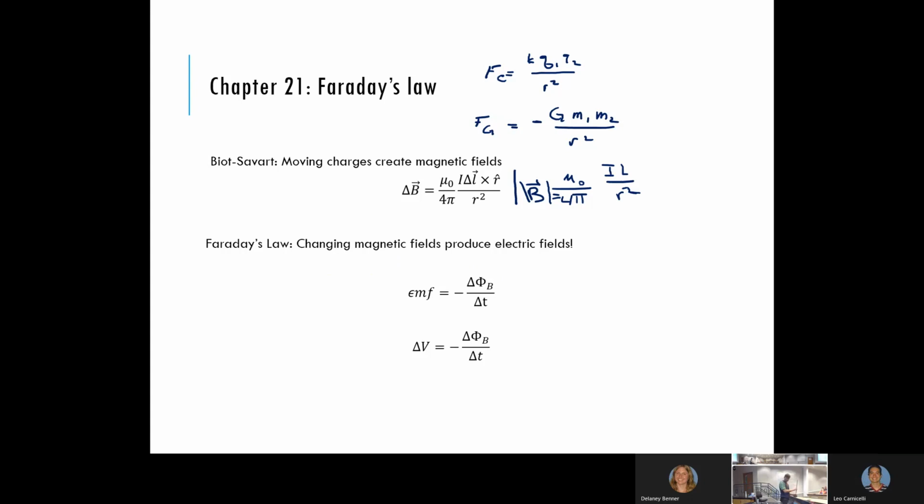So let's think about this. If the north pole of the magnet is going towards my loop, I have more and more magnetic field pointing down.